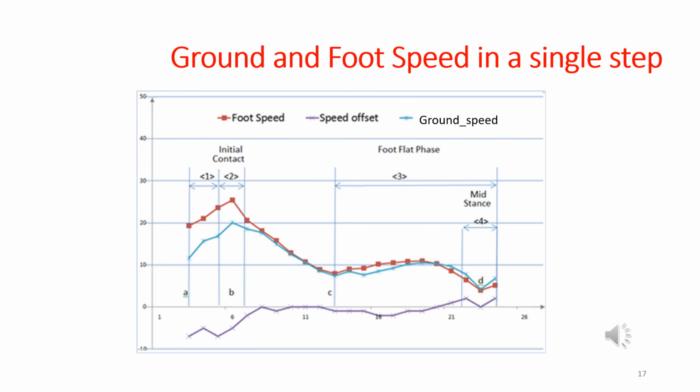In the body-worn camera system, the ground and foot move with respect to the camera with different speeds. When both foot speed and ground speed are the same, this means the foot is flatly on the ground.